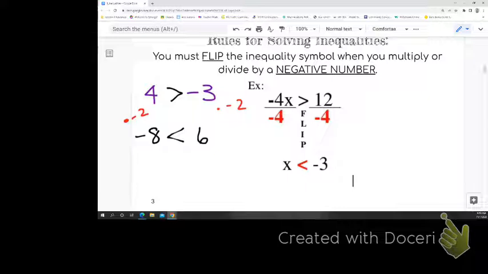So you see what happened there? The symbol, if I use the same symbol, it would no longer be true. So when we're solving an equation, we know that the x represents a number or numbers. So the same thing applies. So if we multiply or divide by a negative number, we're going to flip the sign.